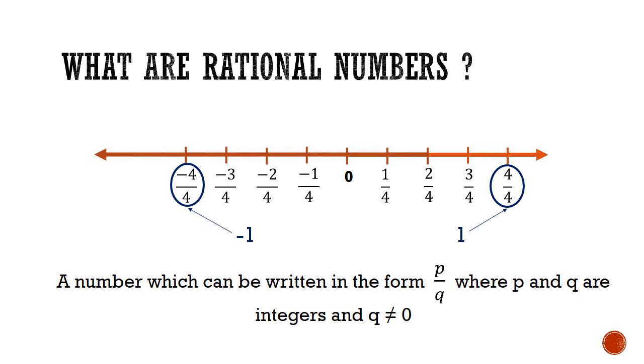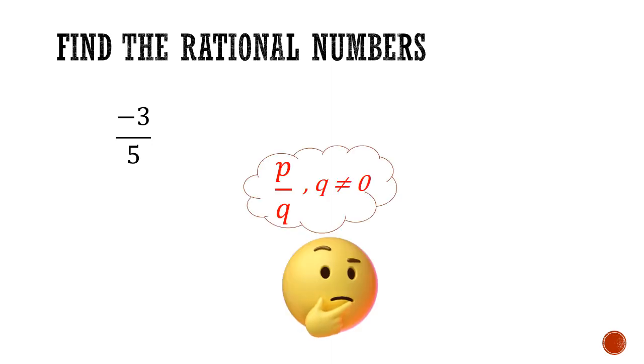Okay. Now we'll take some examples. You have to find out which are the rational numbers in this. Okay. First example we'll take minus 3 by 5. Is this a rational number? How do you check?